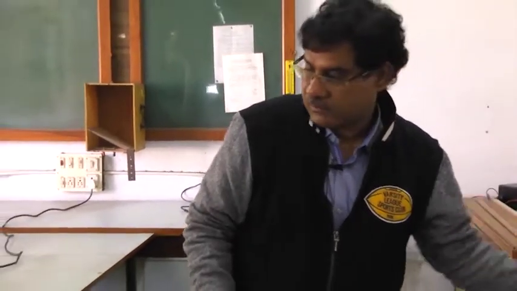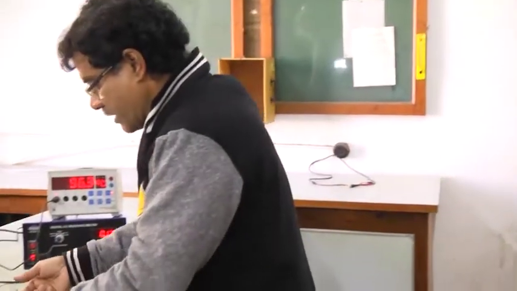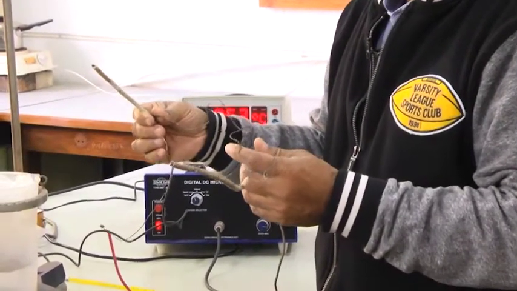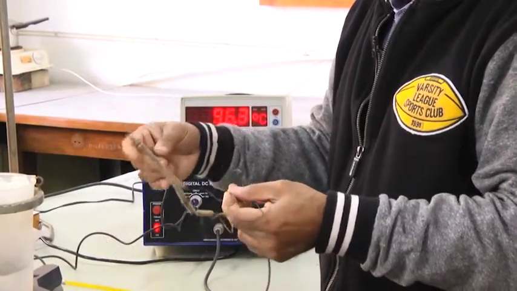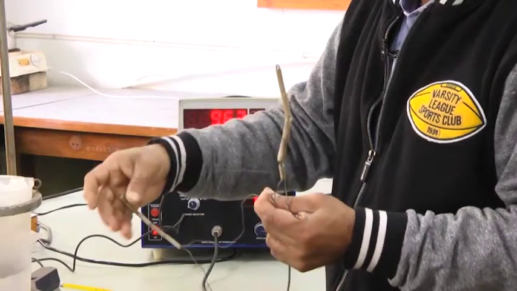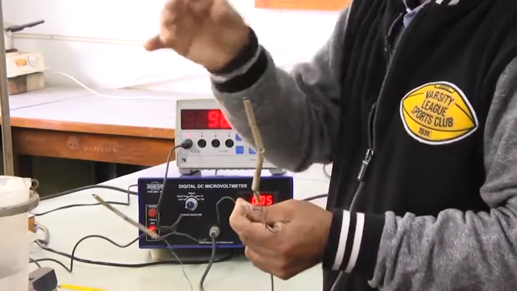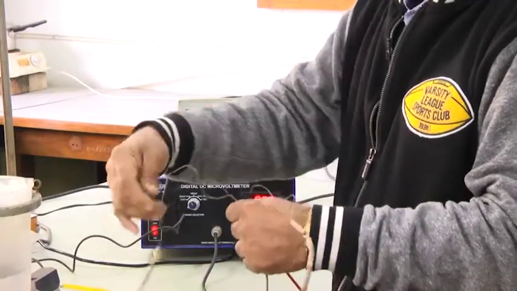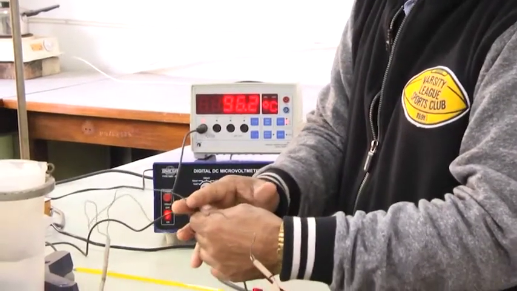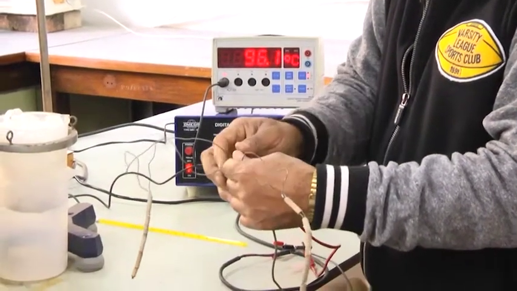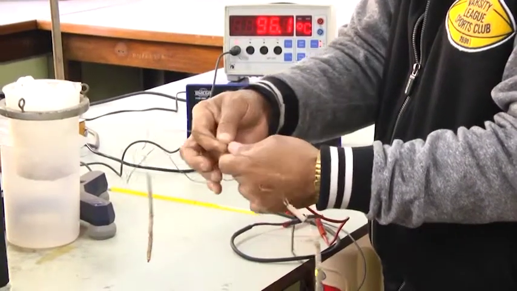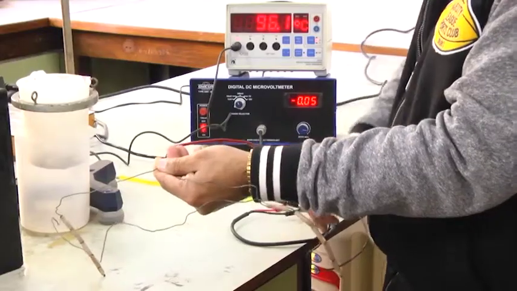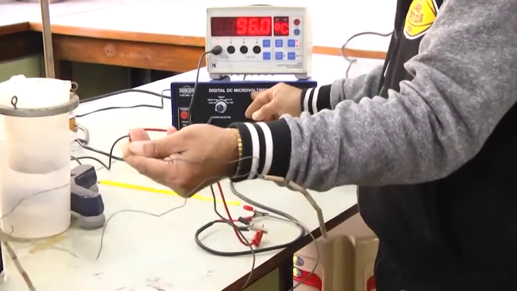This is the thermocouple of copper constantan, with two junctions, one here and the other one here. We cut one wire of the thermocouple here and add a third type of wire to connect the voltmeter.